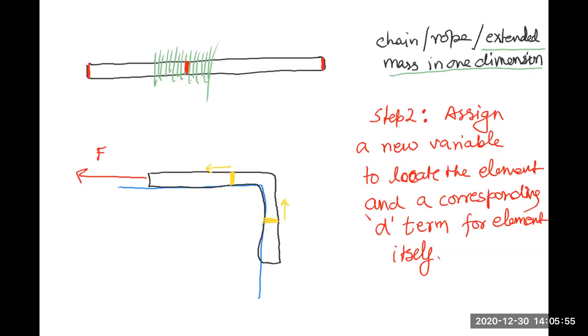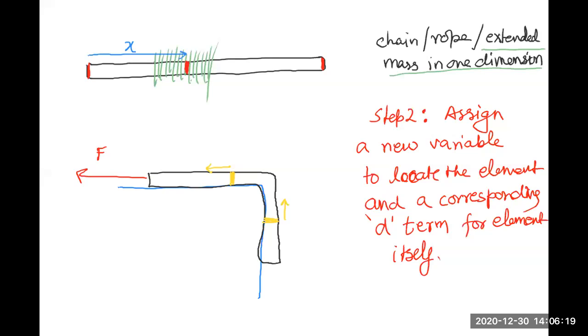Right? So this means that you are going to choose a new variable, and you're going to say that, look, the distance of this object from one end of the chain is x.